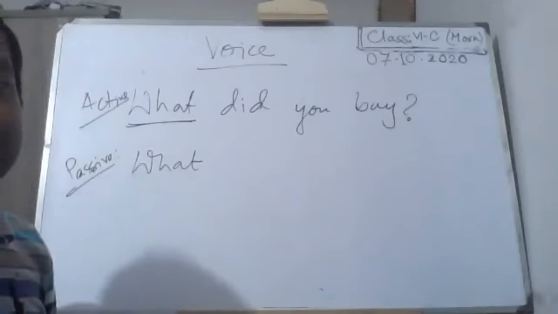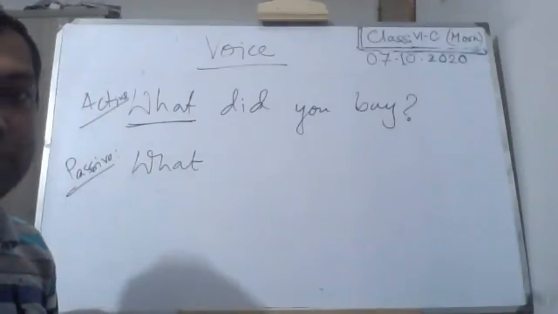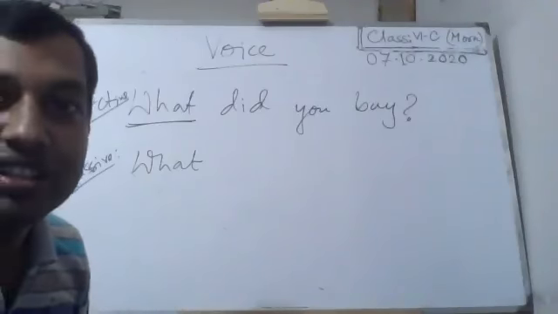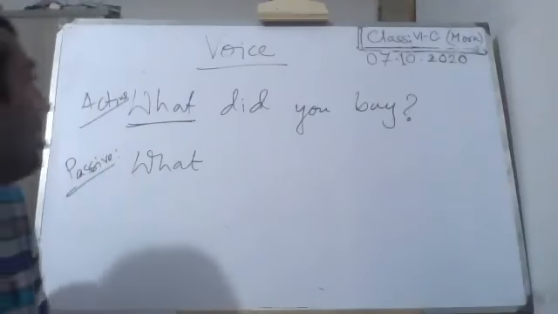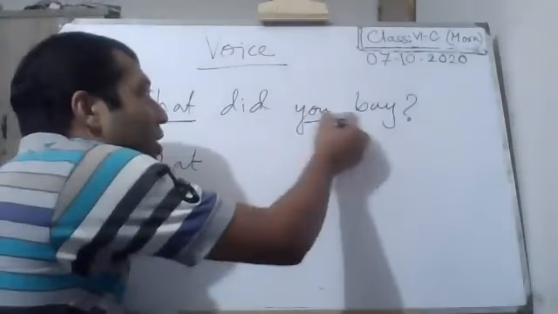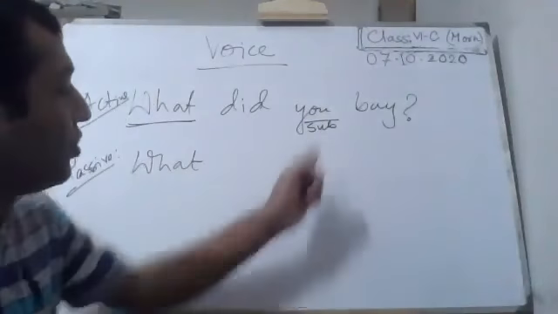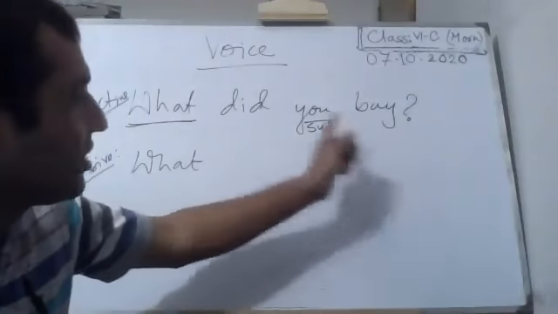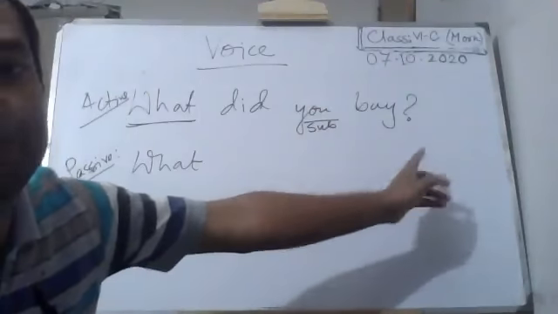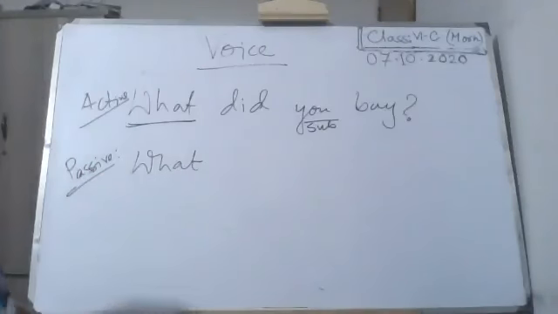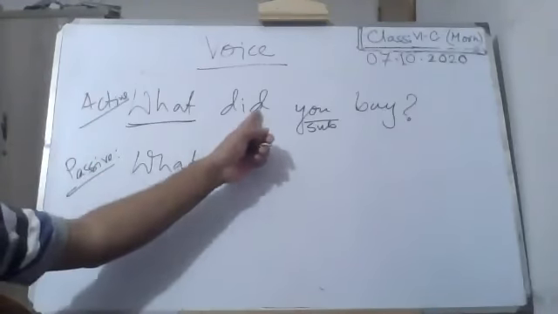Then you have to use the auxiliary verb according to the tense. You know, in this sentence, you is the subject in the active sentence. So in the passive sentence, this subject will become the object. So the object will take place at the end of the sentence.